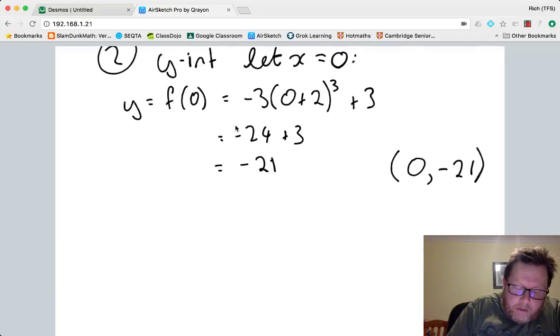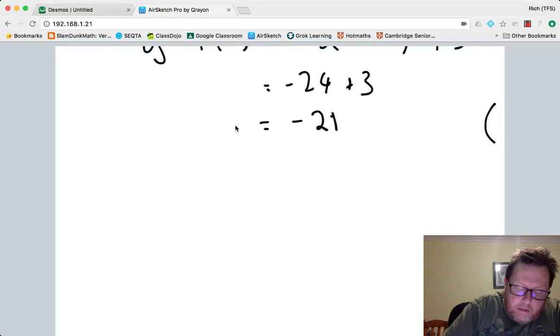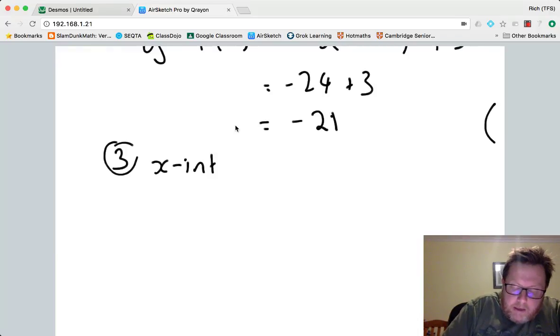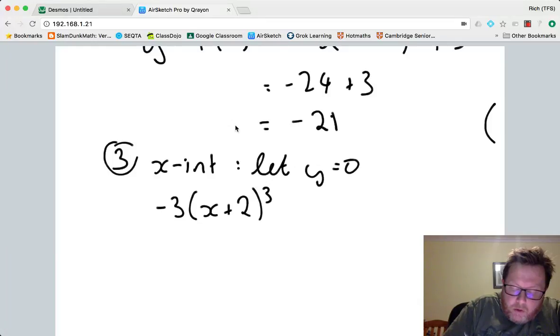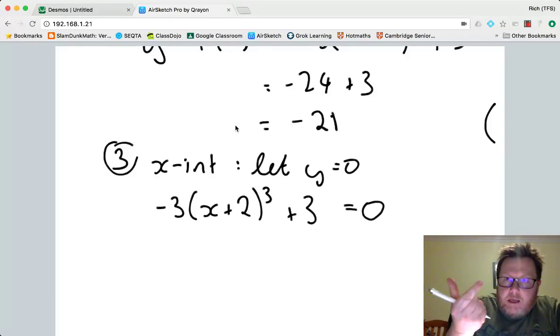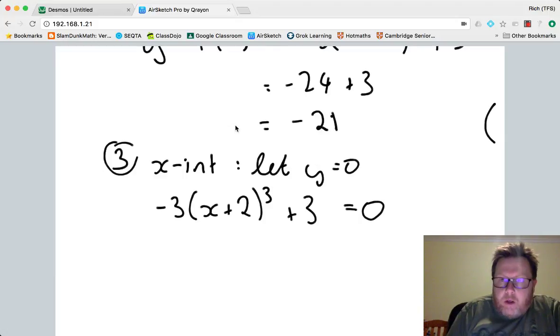And then I'm going to zoom up again just so we can do the x-intercepts. Number 3, the x-intercepts, and we let y equal 0. So we have negative 3 outside of x plus 2 all cubed plus 3 is equal to 0. I've just switched the left and the right over so that the x ends up being on the left-hand side.